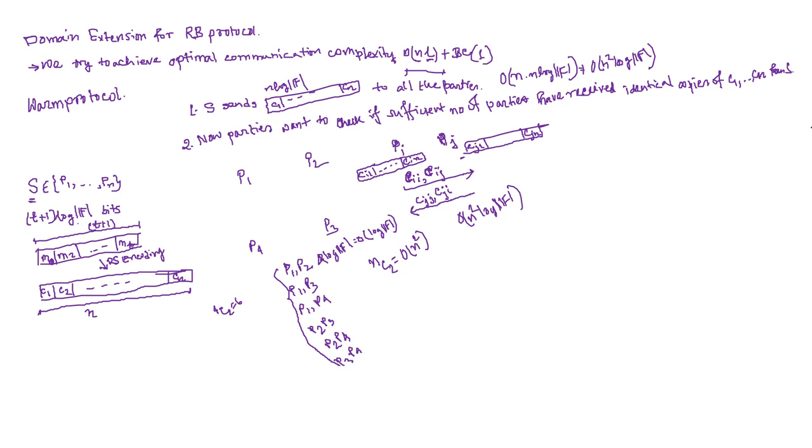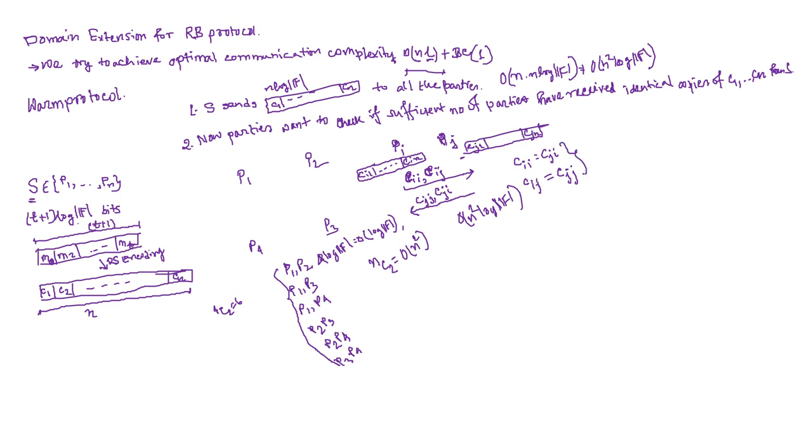Communication is done. Okay, now what does a party check? Of course, parties will check if their corresponding position values are equal. That means if Cii is equal to Cji, that is whether the ith position element is same in both the copies of the local code word owned by Pi and Pj, and whether the jth element of the local copy of the code word for Pi is equal to the jth element of the local copy of Pj, right?